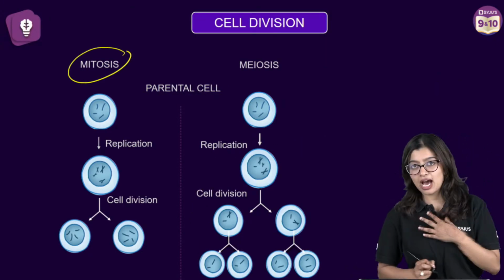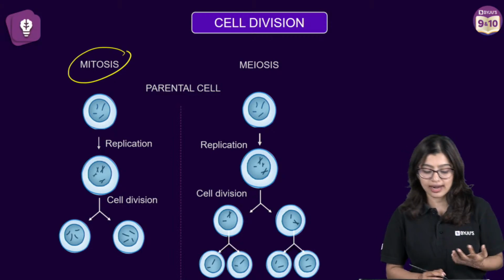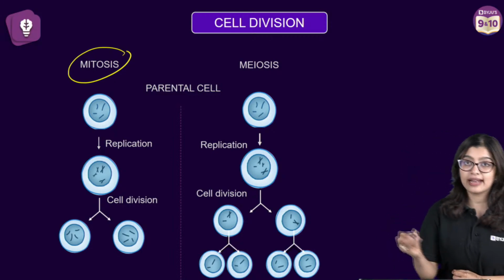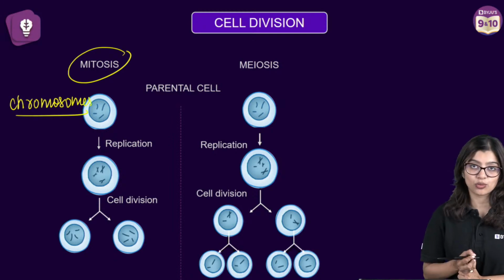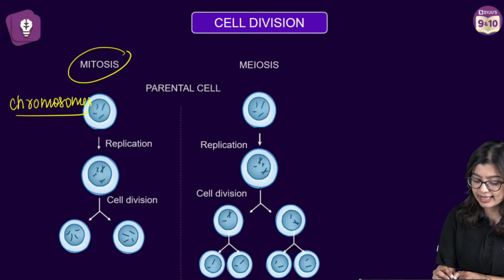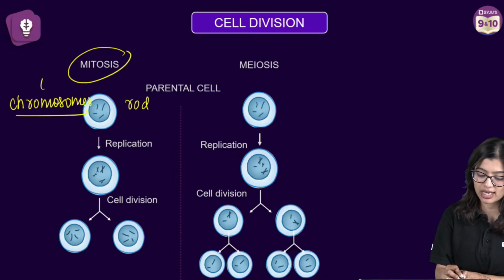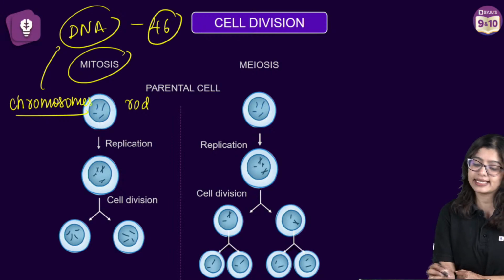Now you see in our body, especially if you take our example, inside the nucleus we have something called chromosomes, right? These chromosomes are basically rod-shaped structures and they contain the DNA. Our body has 46 chromosomes.